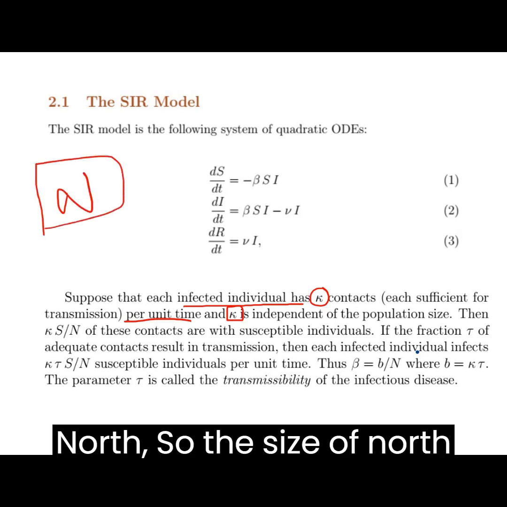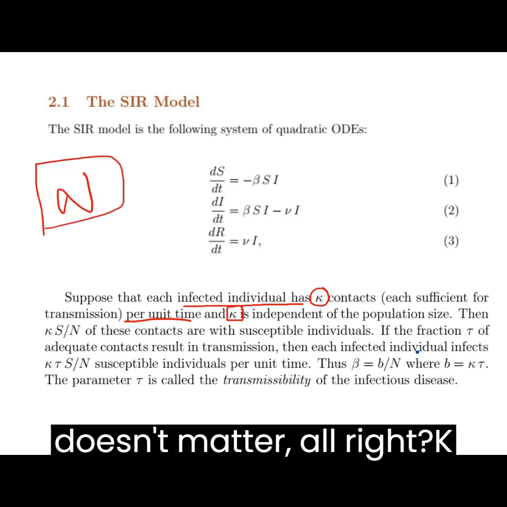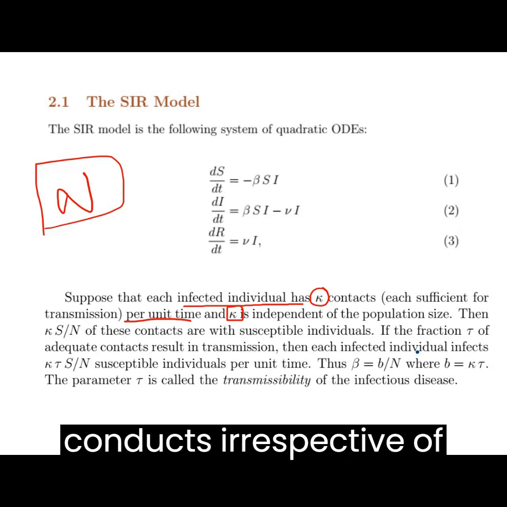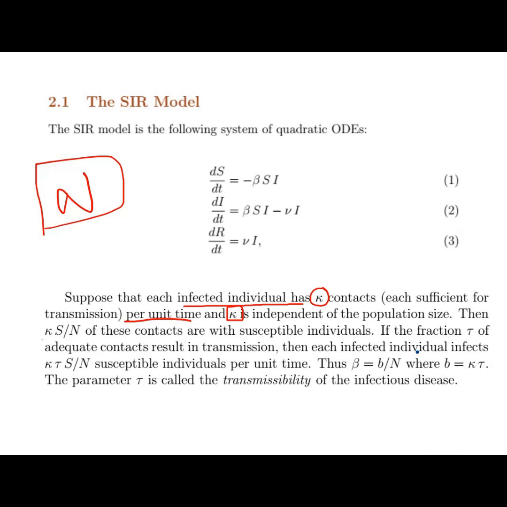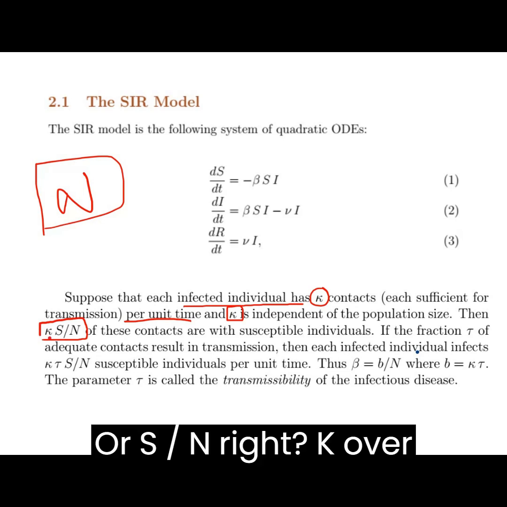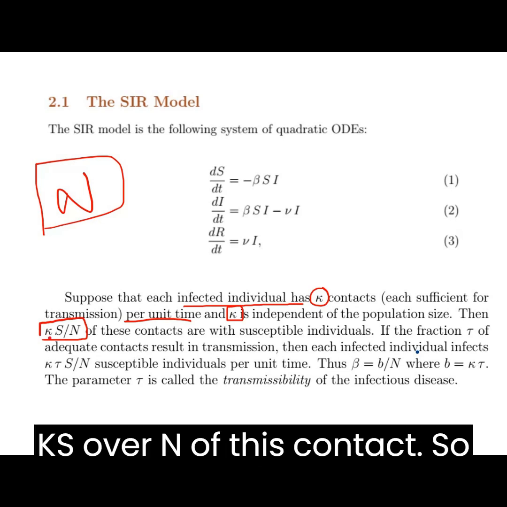So the size of N doesn't matter. All right. K contacts irrespective of the size of N. Then we have got K S over N, or S over N, right? K S over N of these contacts.